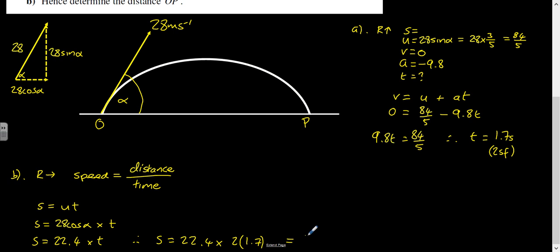And what we get is 77 meters rounded to 2 significant figures. So there we have it. This is a fairly standard projectiles question. Resolve your velocities. Resolve vertically. Resolve horizontally, and calculate all of your missing things.